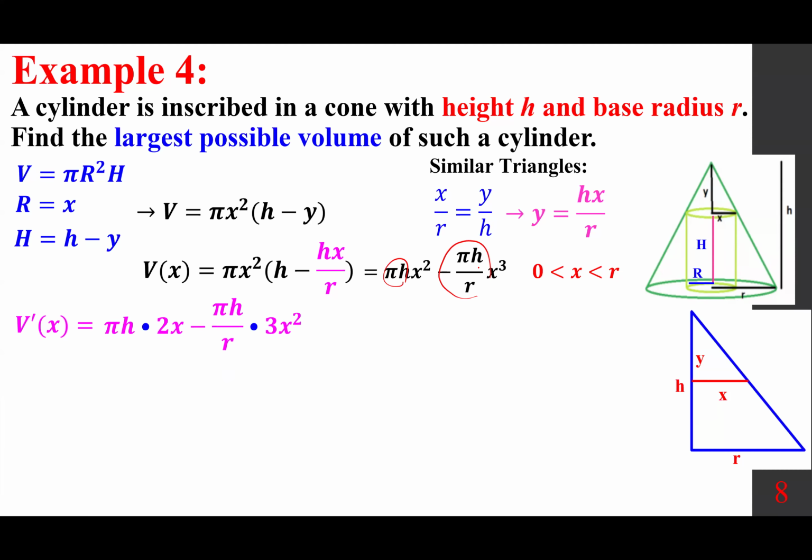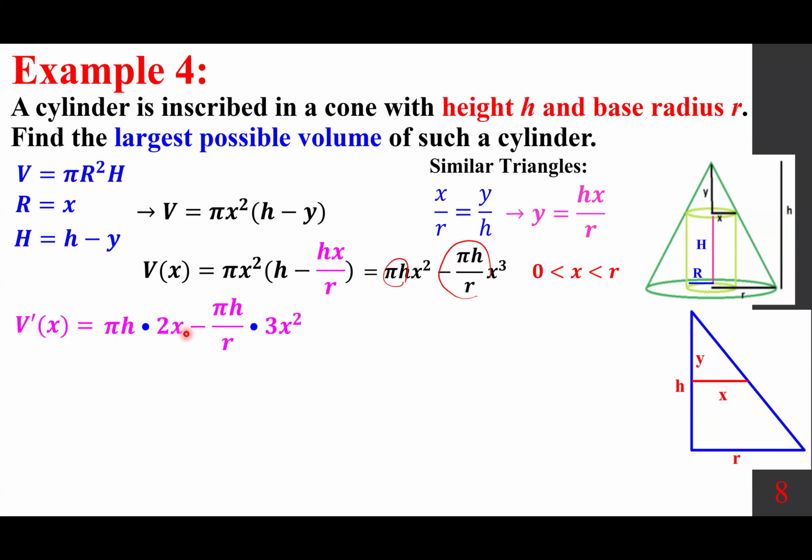I want you to see that pi h is a coefficient, is a number, okay? So you differentiate x squared. Minus pi h over r is the same thing. It's a coefficient, it's a multiplier, it's a constant. So x cubed, 3x squared. And now, because eventually we want to set this equal to 0, we are going to factor what we can.